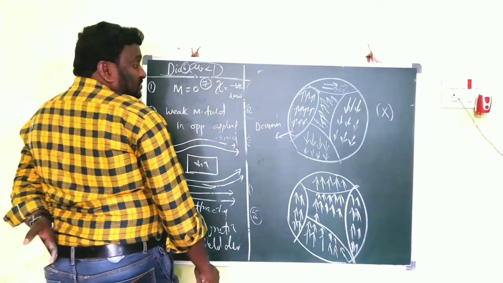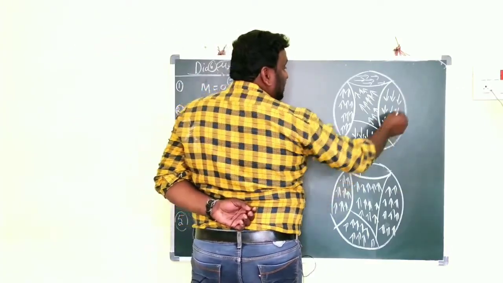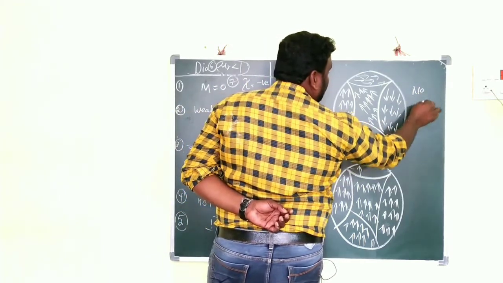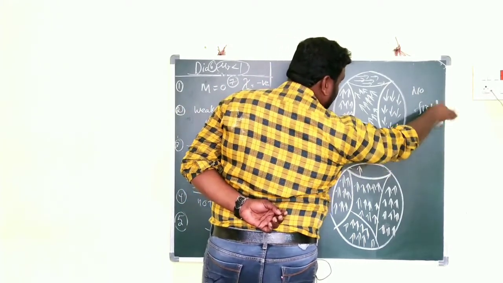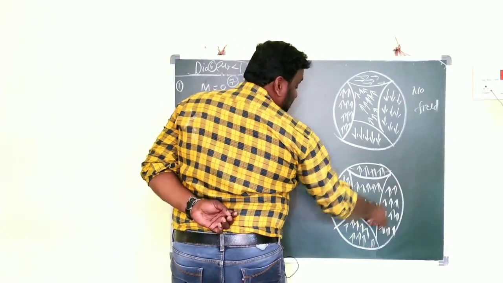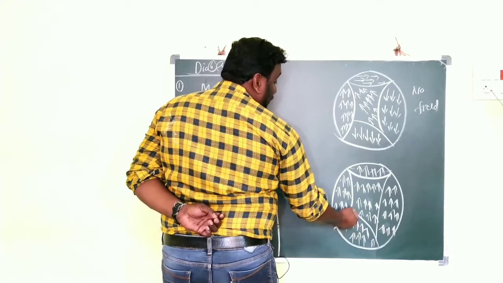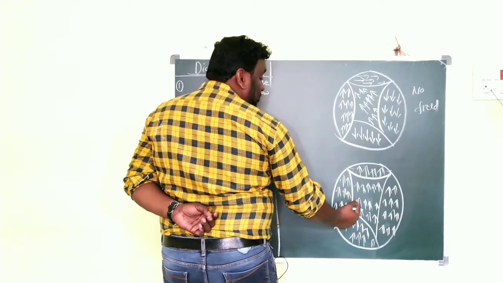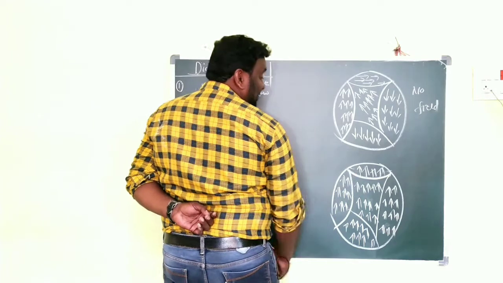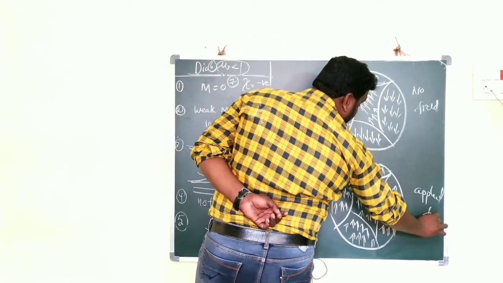Clear, children? In this case there is no applied magnetic field. Once we apply the magnetic field, what you observe in this diagram is that all domains are coming in one direction. All magnetic moments are aligned in one direction. So this is the applied field. Got my point, children?